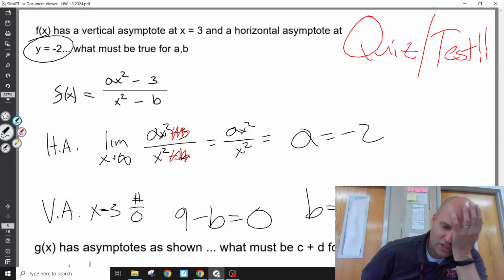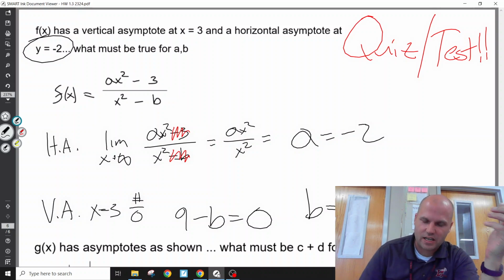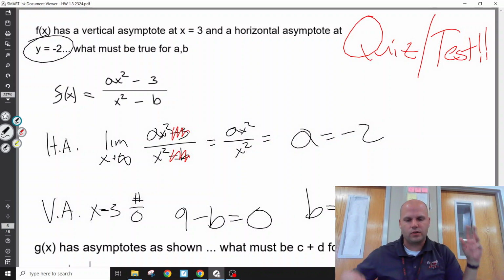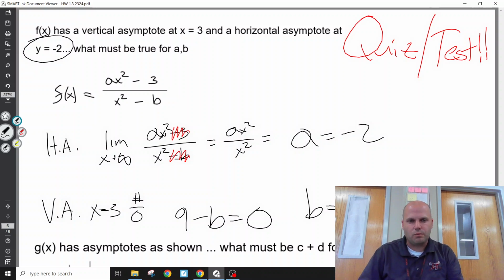It's not even doing anything with factoring. It's not even looking at a one-sided limit. It's just using the day 2 understanding of a whole number over 0, vertical asymptote. Why is it a vertical asymptote? It's because as you get close to 3, you're going to get a number divided by something close to 0, which is big.